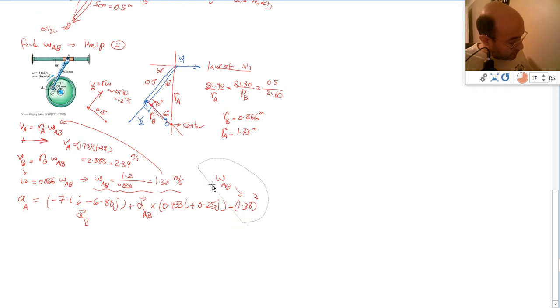Just to write the rest of it underneath, because I'm going to go out of the zoom, so minus omega AB squared times 0.433 I plus 0.25 J.